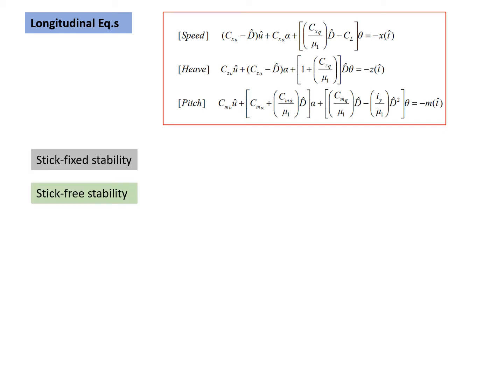There are two types of stability: stick-fixed stability and stick-free stability. What's the difference? According to their names, for stick-fixed stability there's no stick motion, which means there's no elevator movement for the longitudinal stability.